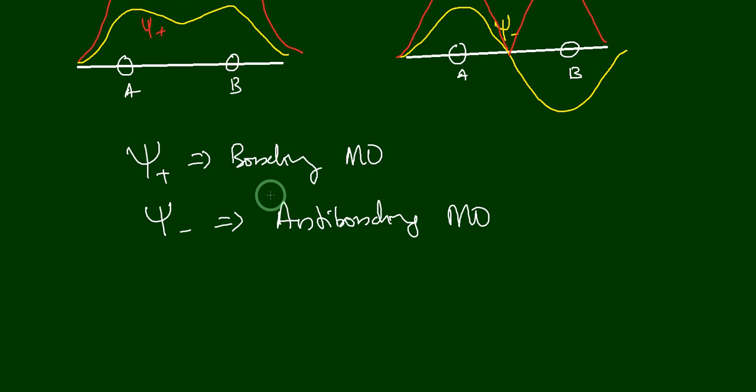Then we got the expressions for the molecular orbitals, and we found that when the electrons are occupying the bonding molecular orbital, there is a considerable electron density build up between the nuclei, which leads to the stable arrangement of the two nuclei. Otherwise, the nuclei should repel each other. But since the electron density is being built up between the nuclei, it leads to a stable arrangement. That corresponds to bonding.